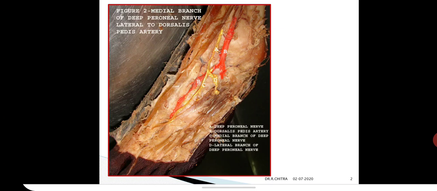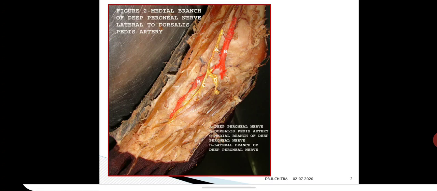Okay, what are the tendons in the dorsum of the foot? So the tendons from the anterior compartment of the leg will be descending to the dorsum of the foot for the insertion. And the tendons are tibialis anterior, extensor hallucis longus, from medial to lateral. So you start seeing from medial to lateral.